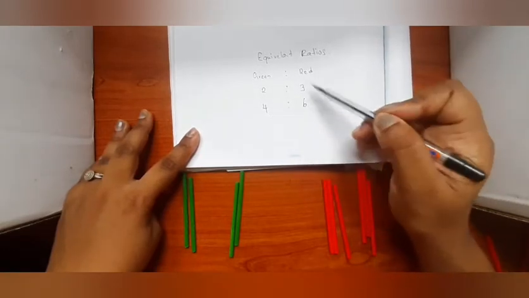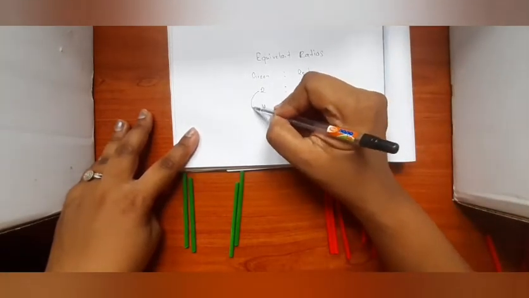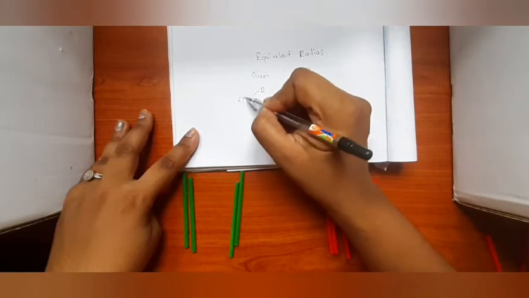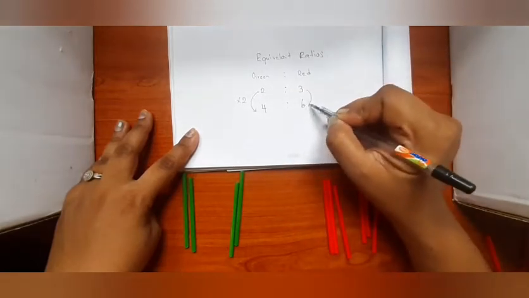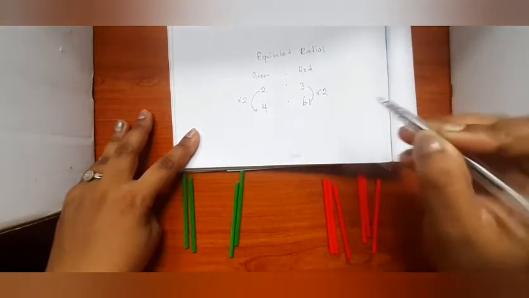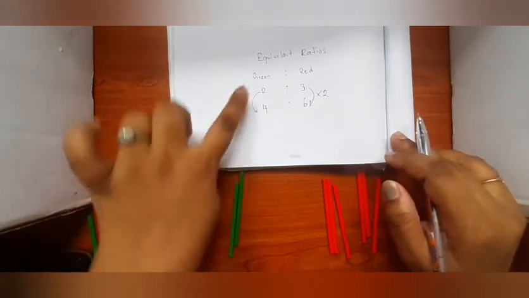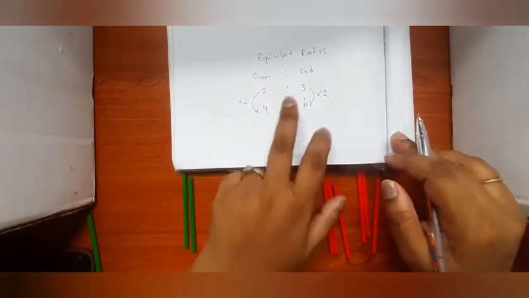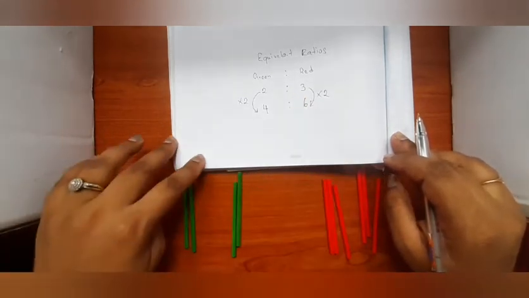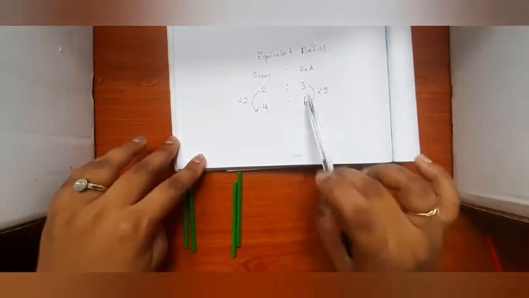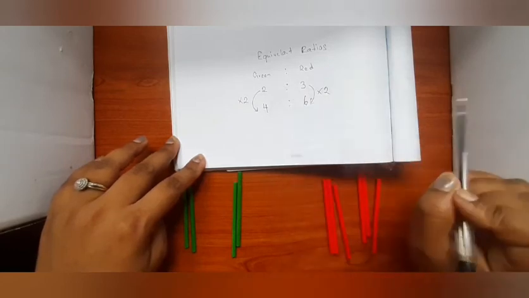How did we get this number? We have doubled, that means we have multiplied both the terms by 2. As you can see, 2 times 2 is 4 and 3 times 2 is 6. So this is an equivalent ratio for 2 to 3.